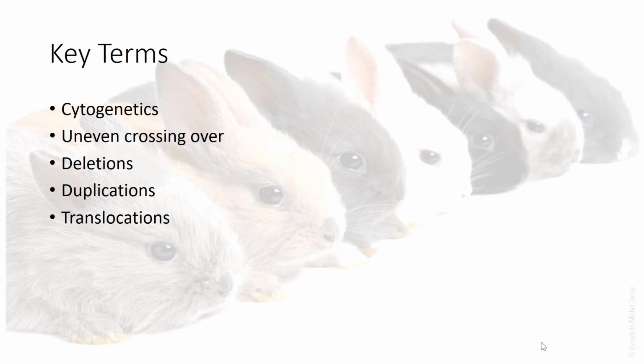So translocations. Translocations can happen where you basically have one chromosome that gets two breaks on either side of a mobile portion, and then you have a second chromosome that also has two breaks on either side of this, and maybe even a third break to give you multiple pieces of the chromosome.